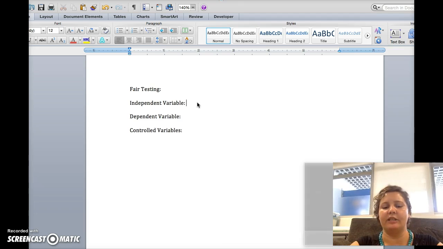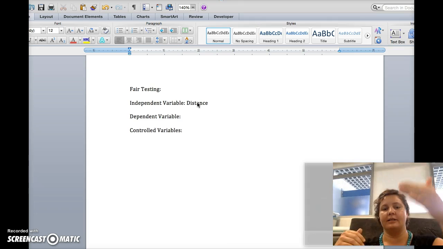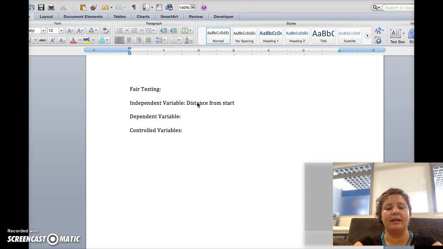So the only thing that we're changing in this investigation is the distance from the starting point to where the bin is. So we're changing it from 1 meter to 2 meters to 3 meters to 4 meters to 5 meters, or whatever you chose. So distance from starting point to the bin. Okay, so that is what we're changing.